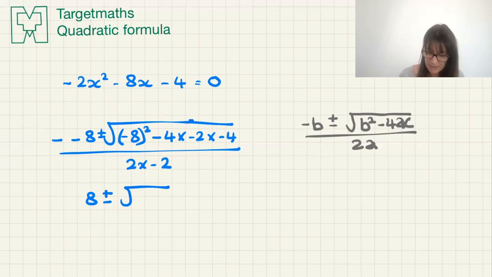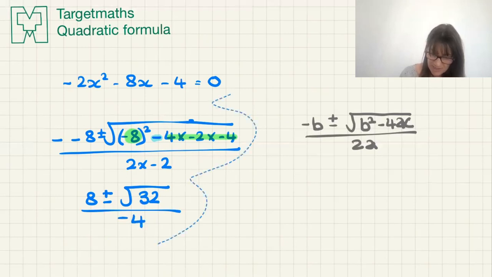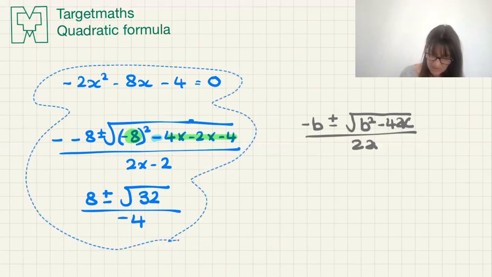So what I would be doing most likely is working that bit out first, working that bit out, and then taking away the 2 answers, just to try and reduce the chances of an error happening. You should have got 32 all over -4. I'm actually going to resize at this stage, and then we'll split.